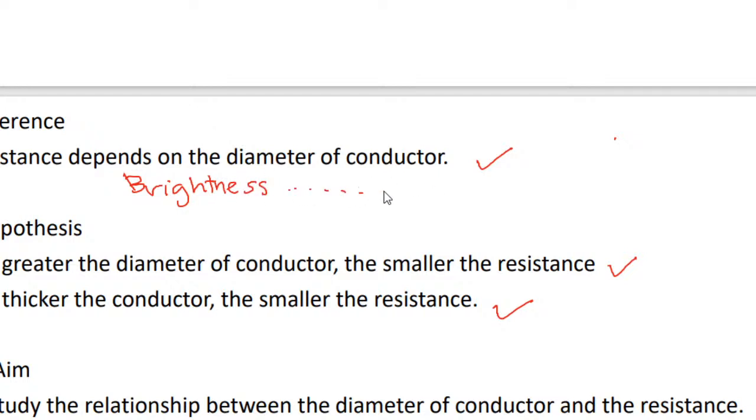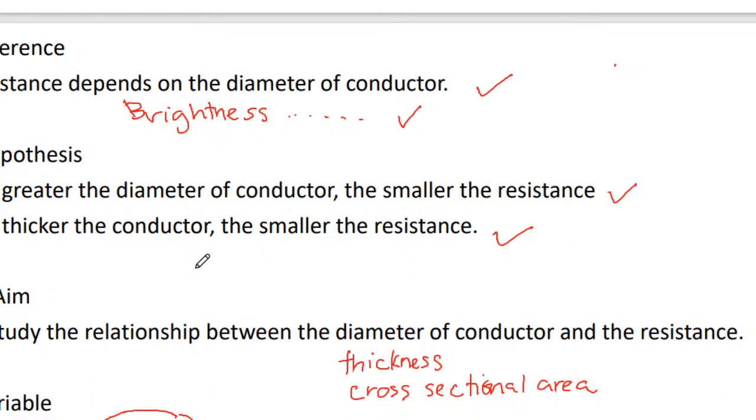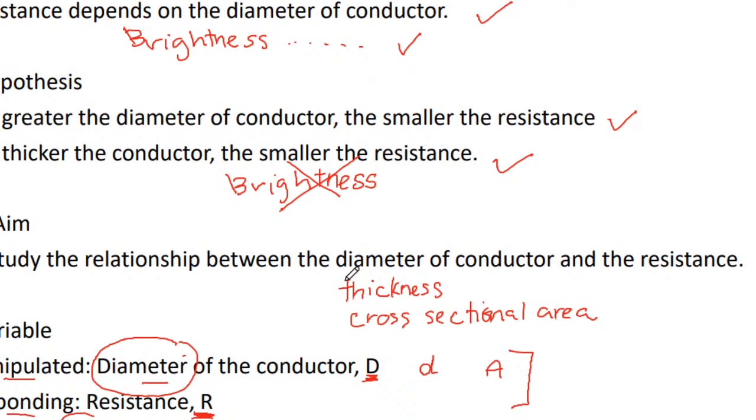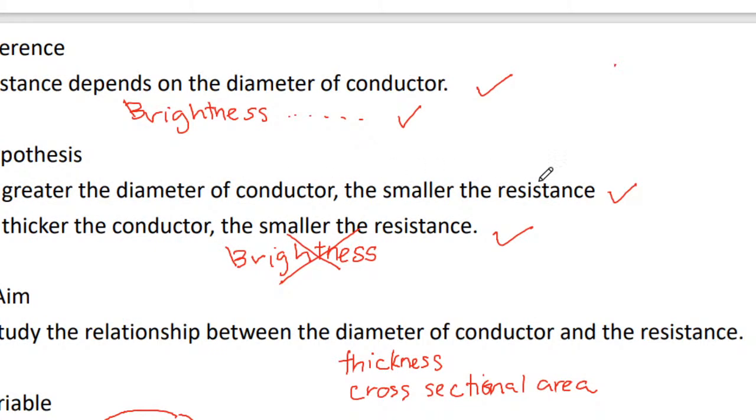This is allowed. But if you write brightness from the hypothesis onward, the moment I see this, I will cross it. And the moment I see brightness come out here also, I will cross it. Remember, Jasmine and also the rest, don't write brightness. Because we already decided just now, it is something to do with resistance. Okay, clear? Good that you asked, Jasmine.